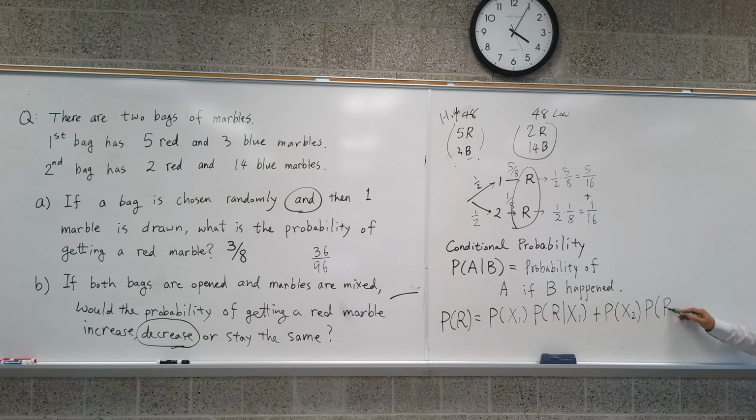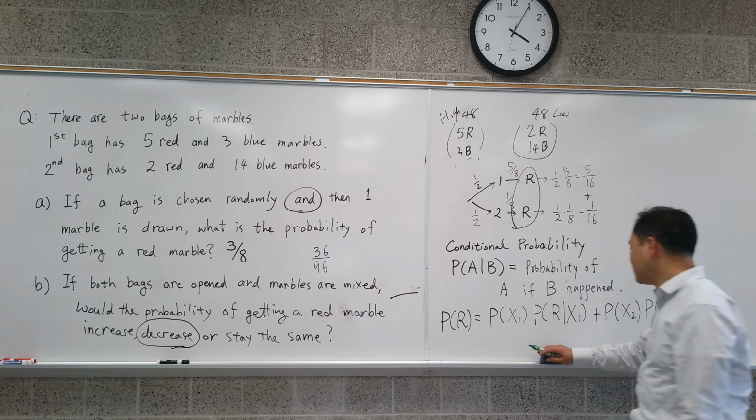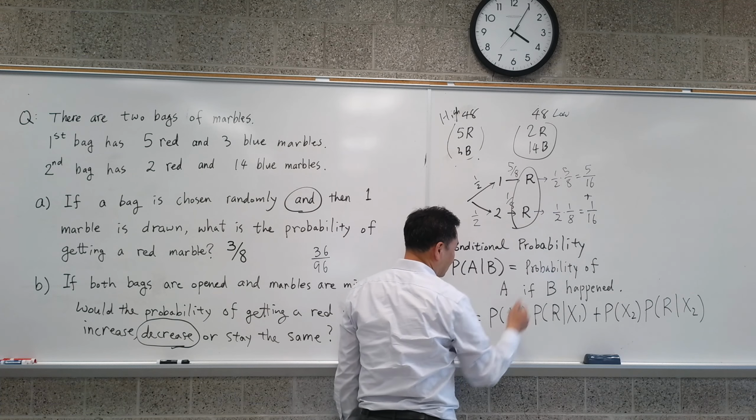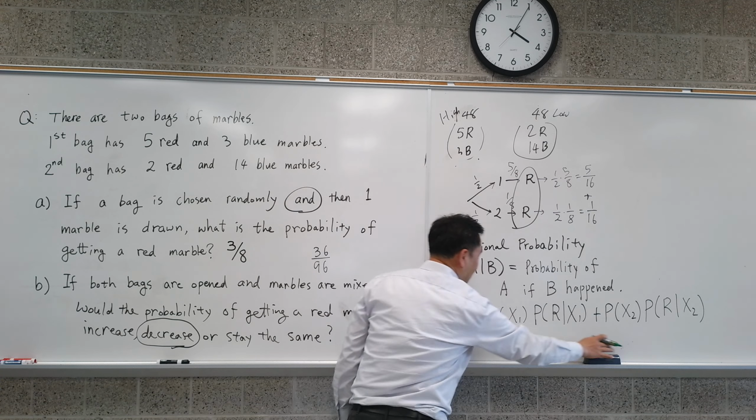Okay, that's what you have. And this thing that we computed is exactly what this formula is saying. It should be 1/2 times 5/8 plus 1/2 times 1/8.